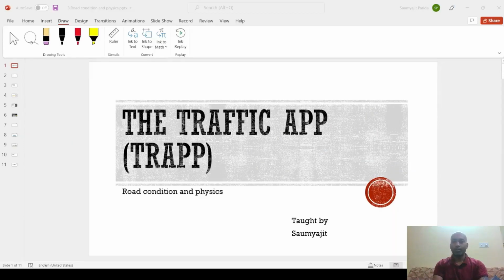In the third episode, we will be learning about different aspects of road condition and the type of damages that happen on the road, like ruts, and also the physics and causes behind them.